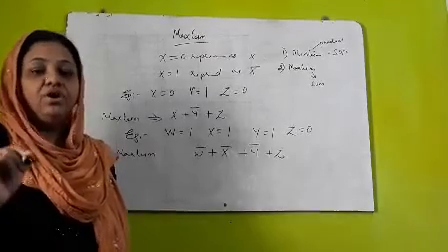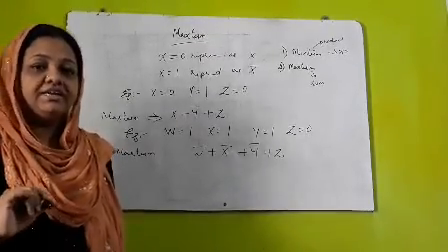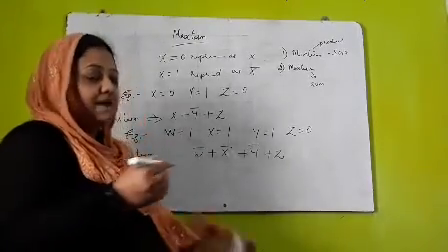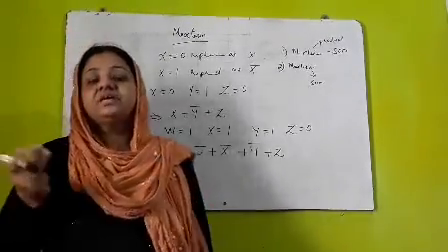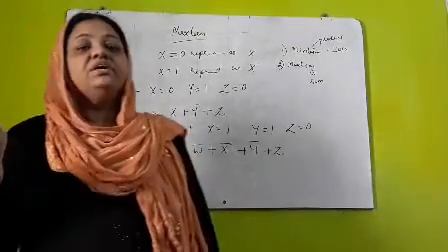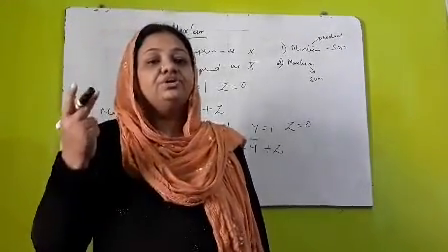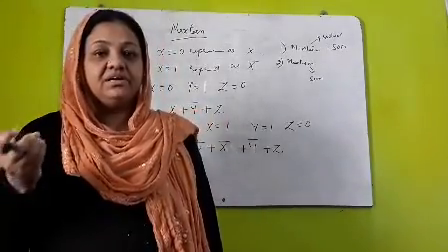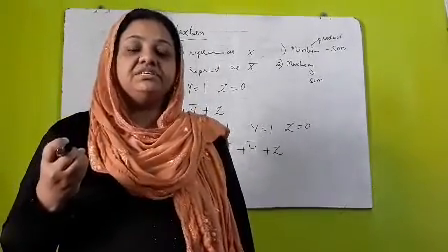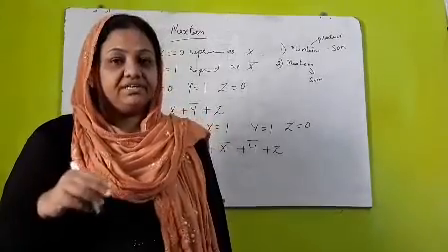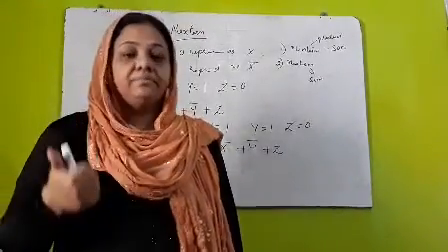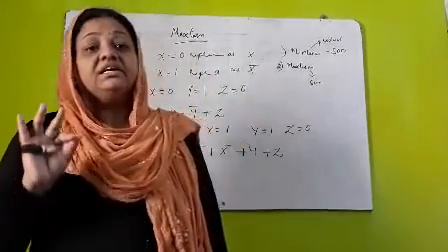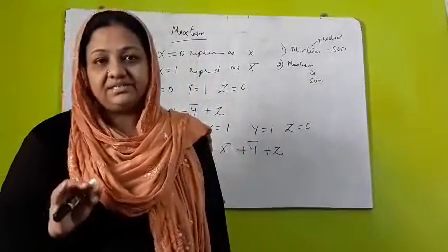Fine everybody? Hope you are understanding what has been explained. Let me just explain max term again. As we know, in Boolean algebra, there are two important types of expressions. A Boolean expression can be expressed in two different forms: min terms and max terms. Min term is the product of all literals.